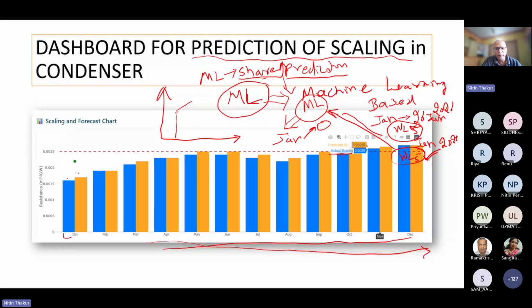If you look at the blue one, this is the actual scaling, and the yellow ones are the predicted ones based on the machine learning model. So it's a good prediction to plan the shutdown of the power plant for cleaning the condenser, or any other shutdown activity, keeping in context the condenser.